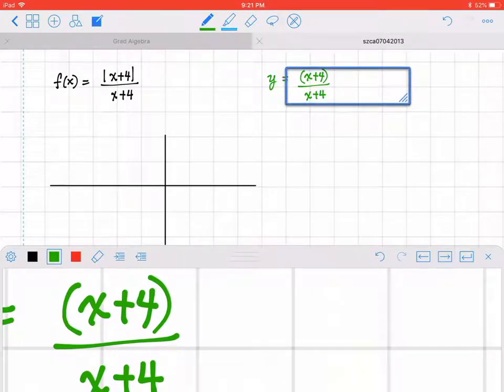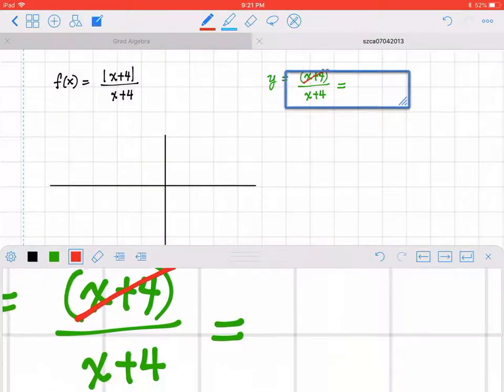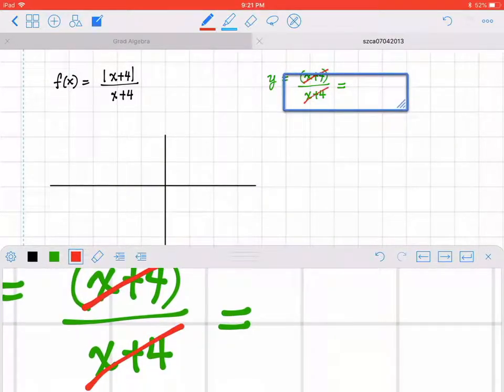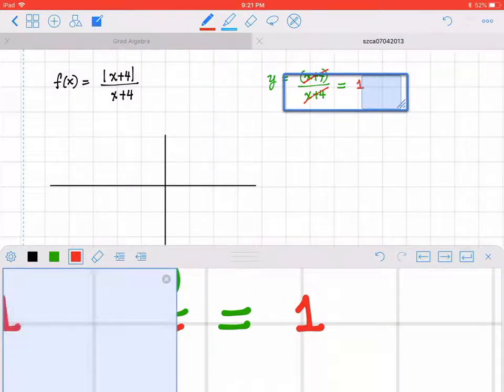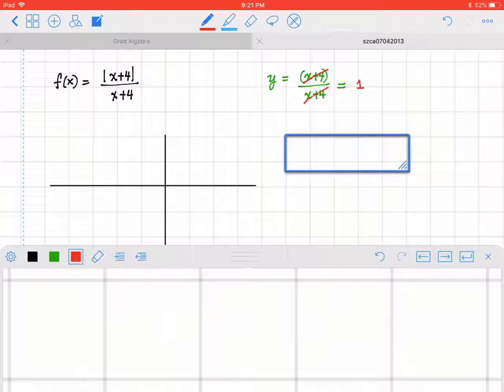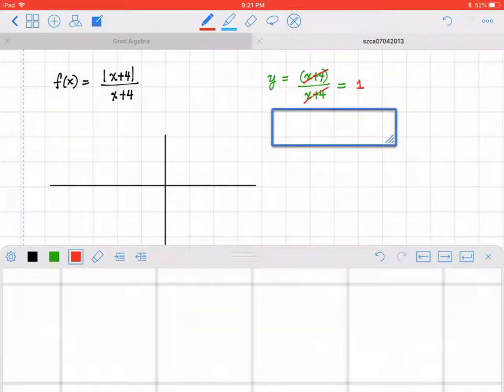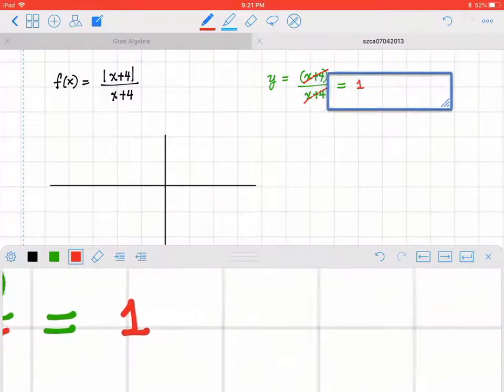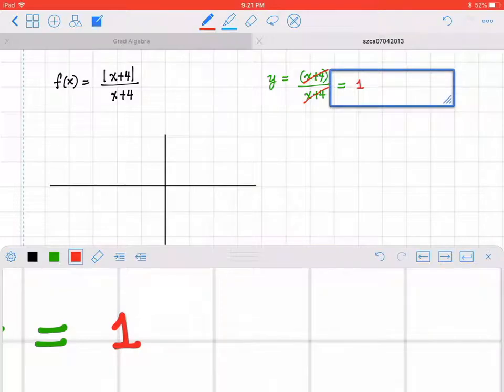And as you know very well, you can kind of think that these things cancel. But the numerator and the denominator only cancel, they kind of turn into 1, okay? And I'm saying kind of because that only works as long as the denominator is not 0. So you have to be careful about setting this equal to 1. You can't just cancel away. You have to say, well, it equals 1 as long as the denominator is not 0.